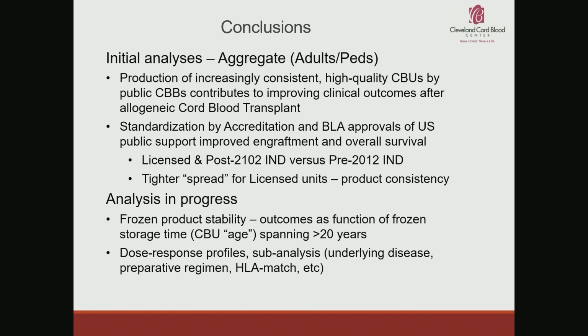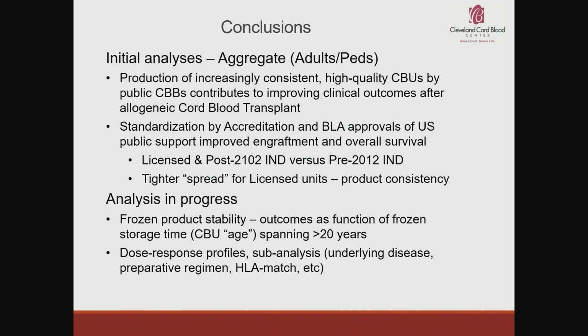So, conclusions. What I'm presenting here are initial analyses. They're aggregate, not segmented for known transplant criteria. So production of increasingly consistent and high-quality cord blood units by public cord blood banks contributes to improving clinical outcomes after allo cord blood transplant. And standardization and BLA approvals has helped in supporting improved engraftment and overall survival.